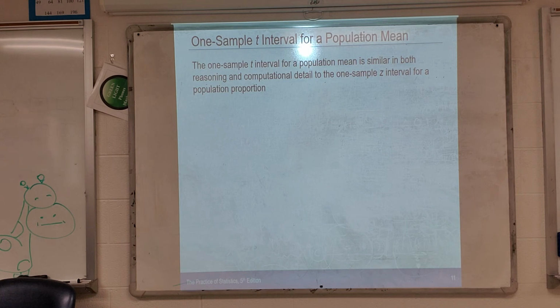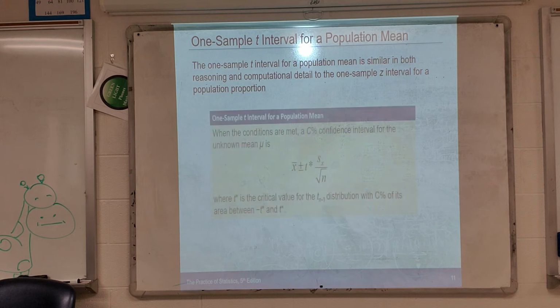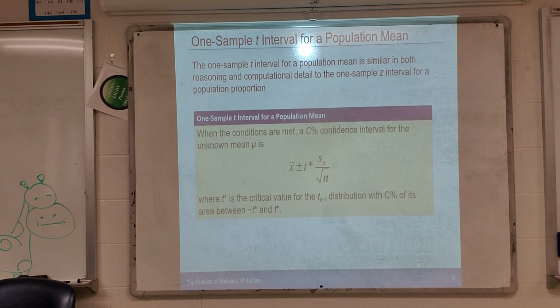Now, it's similar in both reasoning and computational detail to what we did with proportions. When the conditions are met, of course we check conditions, a C% confidence interval for an unknown mean is x bar plus or minus t star times s of x over the square root of n.